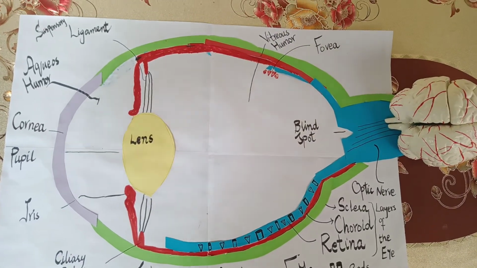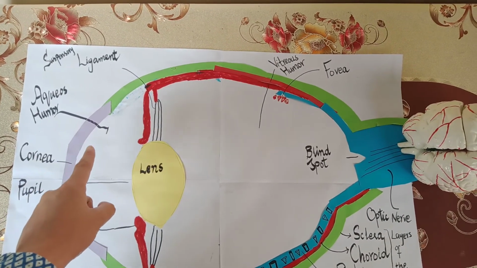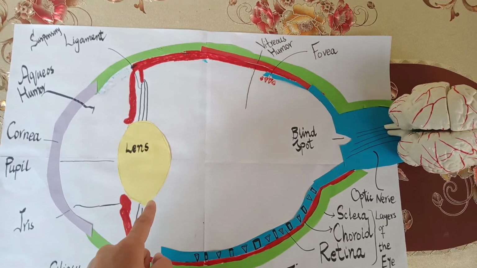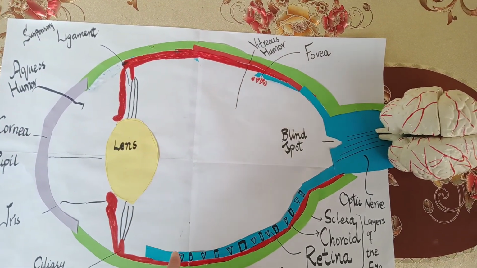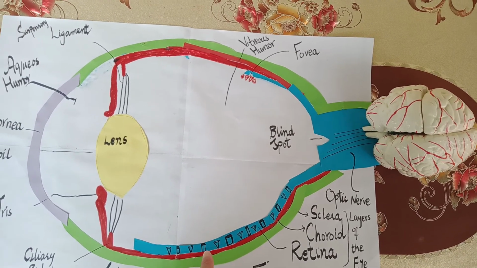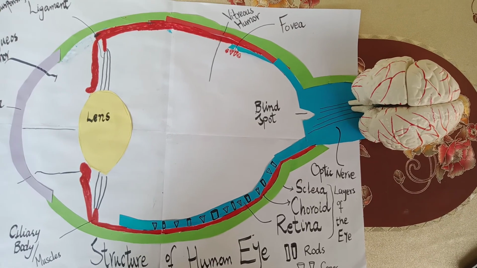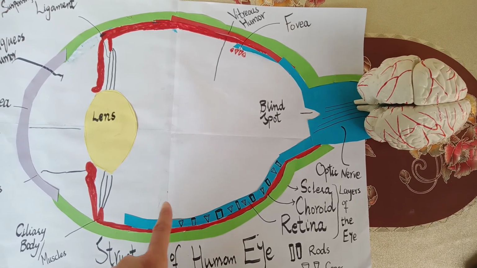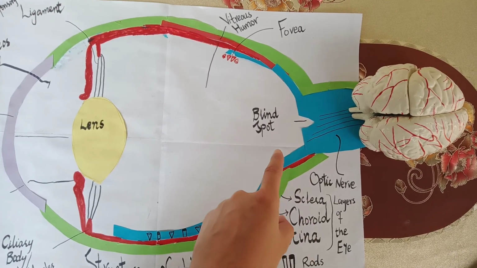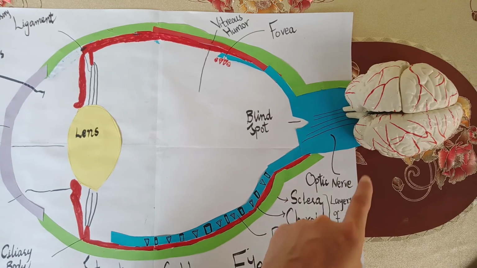Light enters through the cornea, then aqueous humor, then pupil, then lens, then it focuses at the retina of the eye, which consists of rods and cones, which are photosensitive cells, and they generate nerve impulses in the optic nerve, which is connected to the brain.